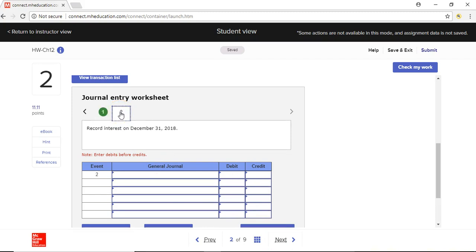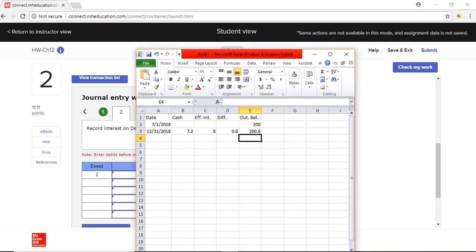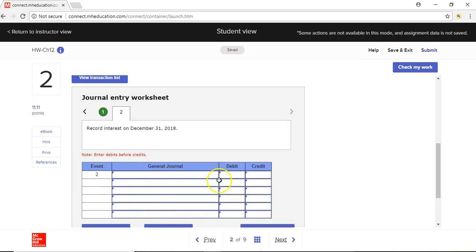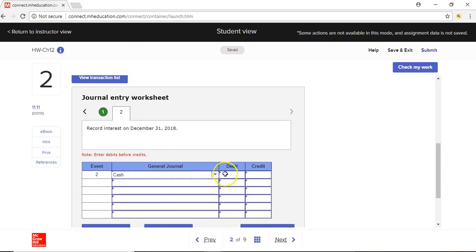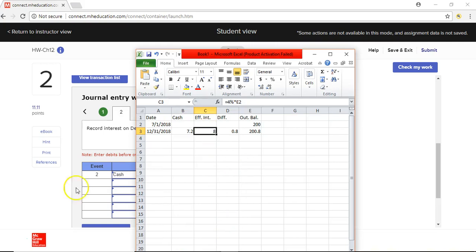And then when we receive interest from the bond issuer, we will record these three amounts. Cash received is $7.2 million. And then we have interest revenue.